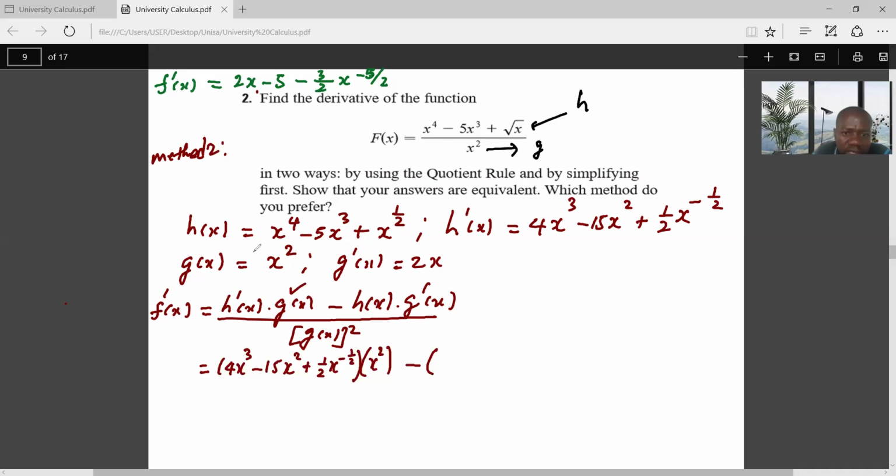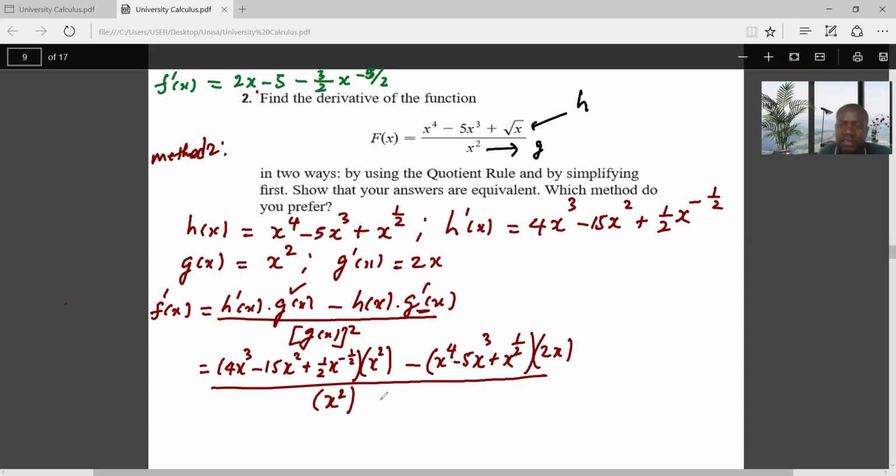The h is this one: x to the power 4 minus 5x cubed plus x to the power of half. What is g prime? G prime is 2x. Everything divided by, what is g of x? G of x is x squared, but it's going to be all squared.